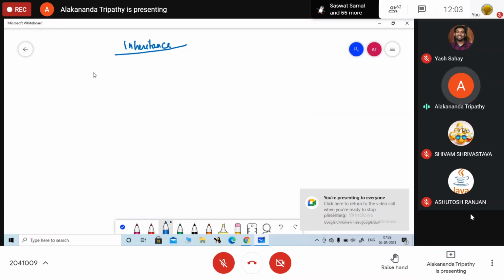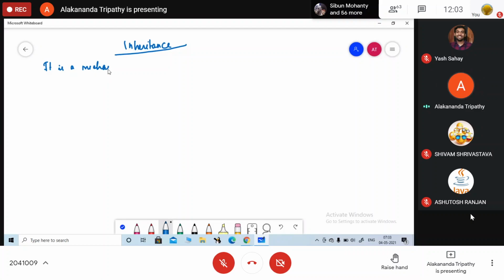Okay, so just to note down a few points on inheritance. Inheritance is a mechanism in which one object acquires all the properties and behavior of the parent class.